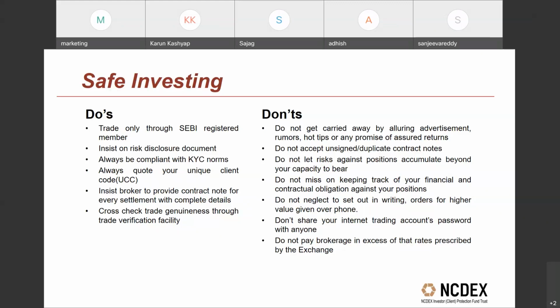Derivative trades are already leveraged trades, so we should know what the financial gains or losses of our trade will be. We should not share our internet trading password, or pay brokerage to our members more than the limit defined by the exchange.